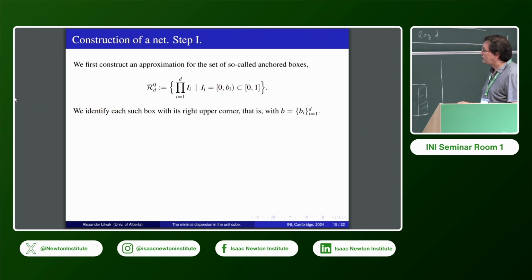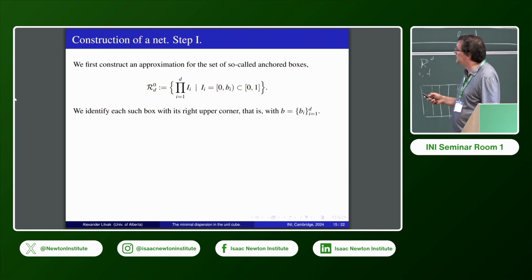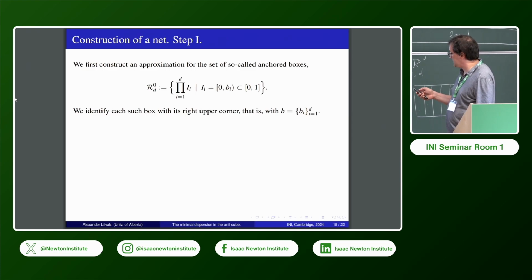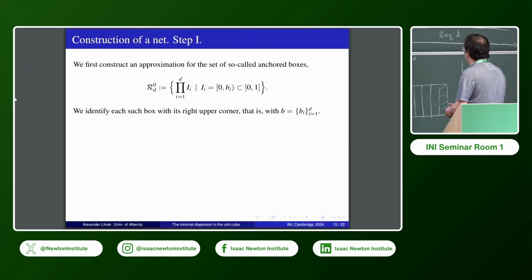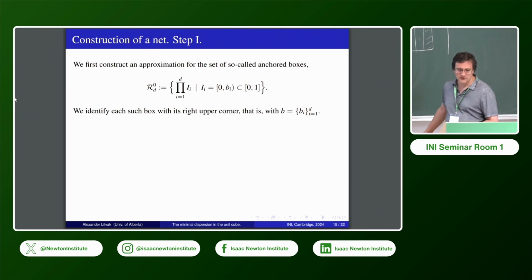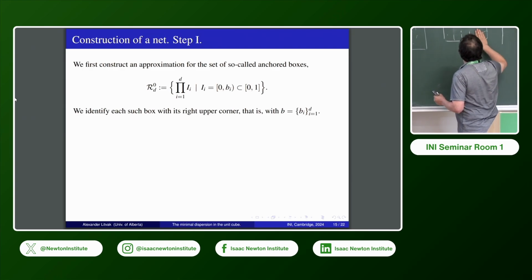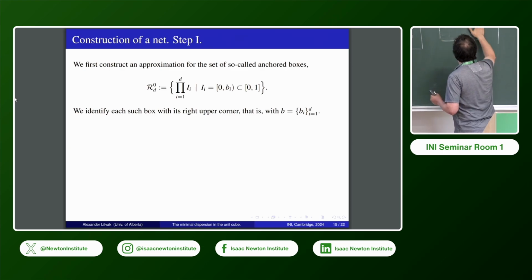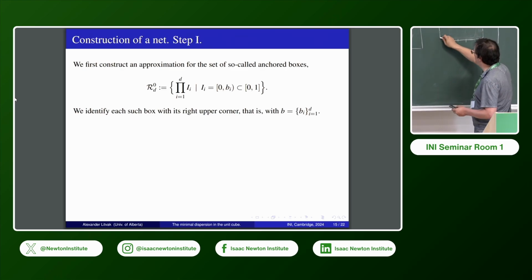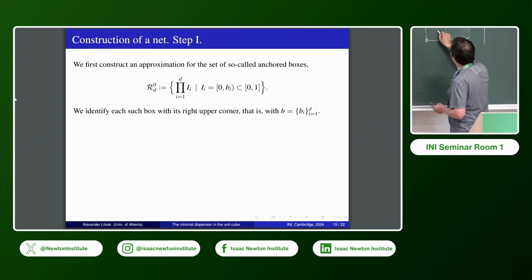This idea comes from our paper with Galina Lifshitz. It will also be in two steps. First we will consider so-called anchored boxes. So one corner will be 0, and I will consider boxes of volume epsilon.